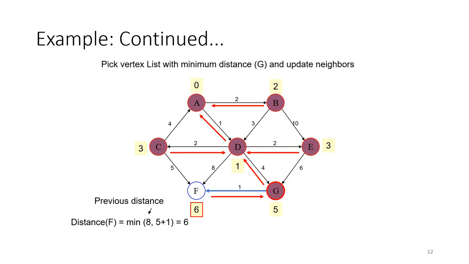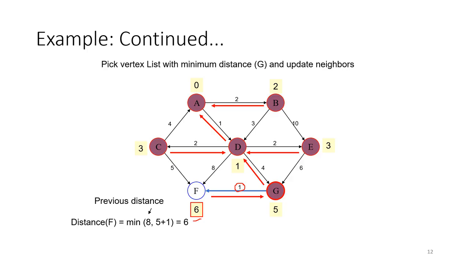Again I have to check, because I picked G, whether any other node becomes accessible. From G I have only one outgoing arrow, which takes me to F. It takes me 5 units to come to G, plus this 1 to reach from G to F. And so the modified distance for F becomes 6.